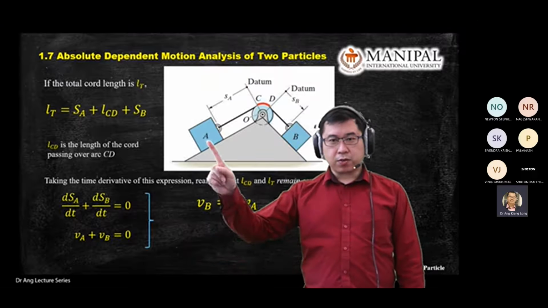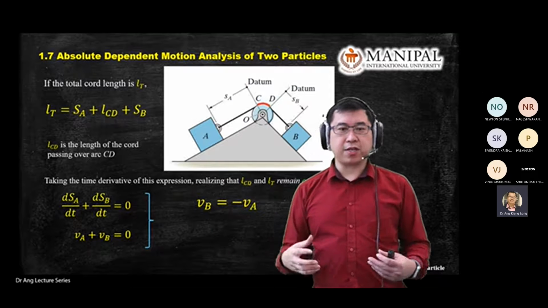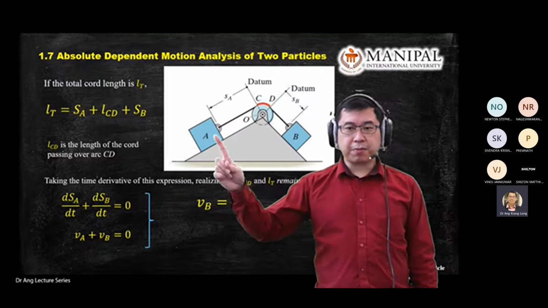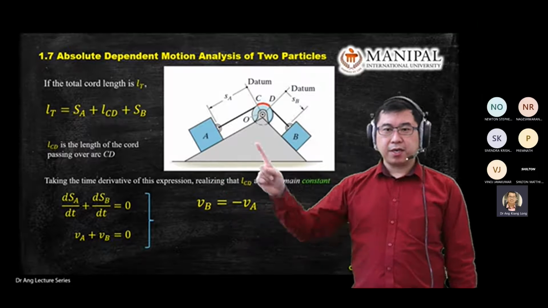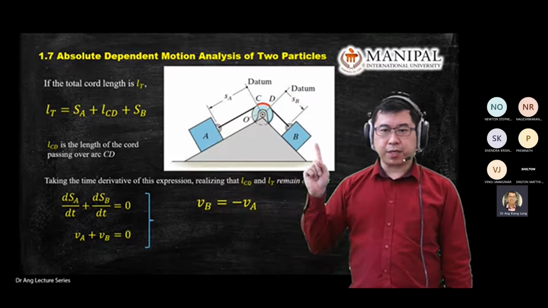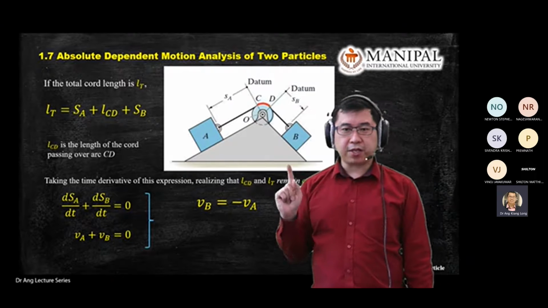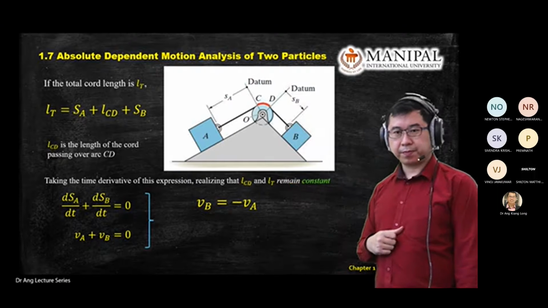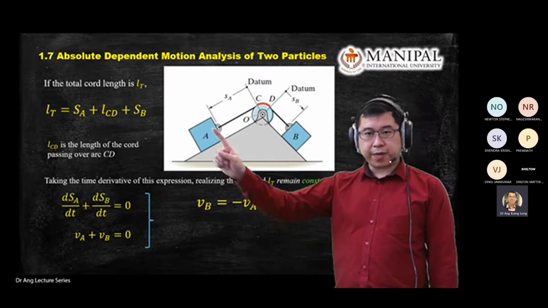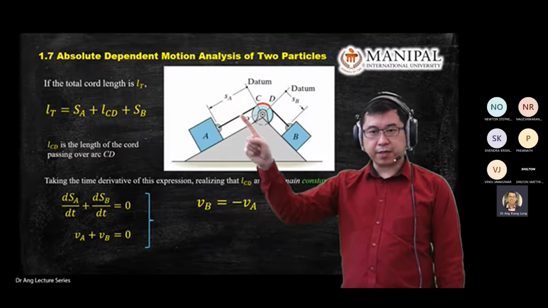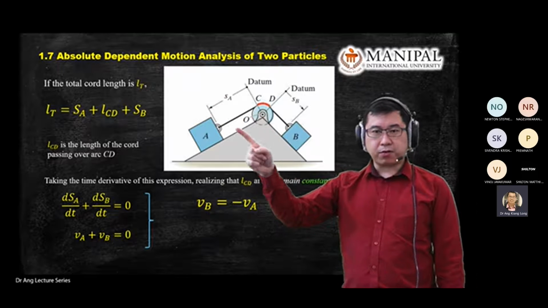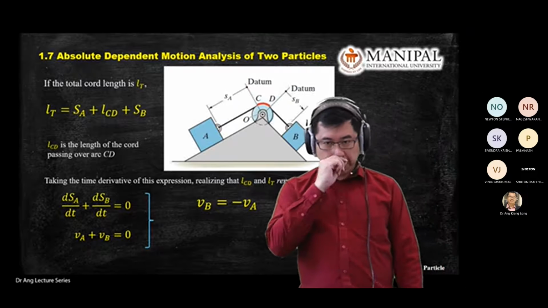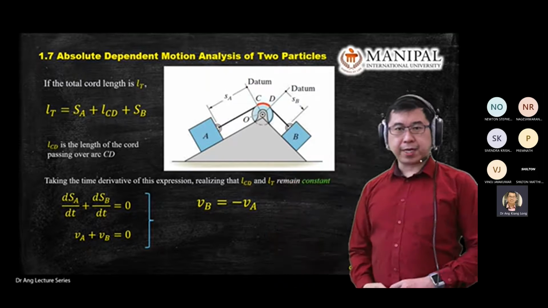Okay, so at this moment, the weight is not a consideration. You focus more on the relationship between A and B. What happens if you pull A? What happens to B, in the velocity or acceleration context? And we are still focusing on the distance traveled by the object or by the rope. Okay, do you get it? Did I clear your question?